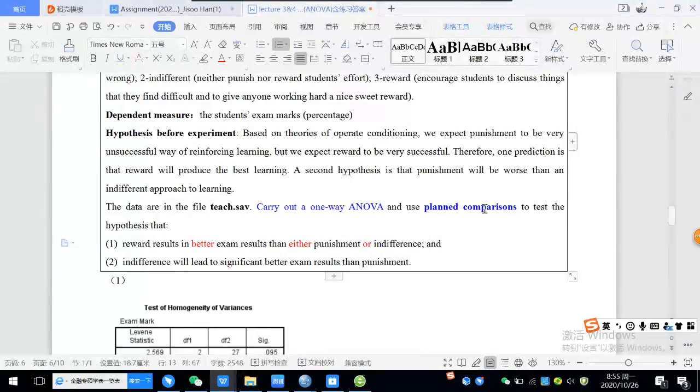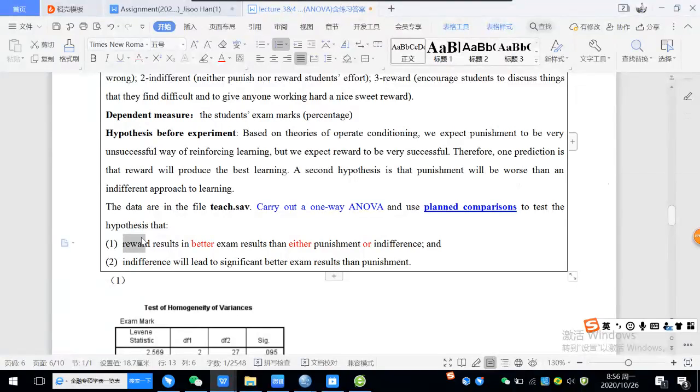So for the planned comparison, because here you need to use the planned comparison, and also the reward, punishment, indifference. So here reward is one group. Punishment and indifference is another group. So we will compare reward, punishment, indifference.